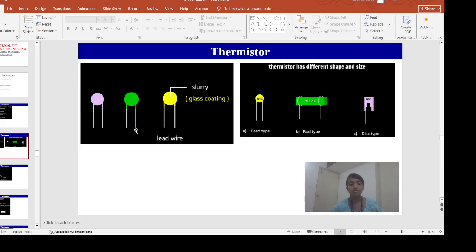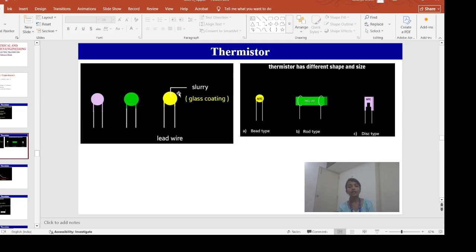How is this thermistor prepared, like how it is fabricated. We take semiconductor material in powder form. Then with some binder, we make a paste of this semiconductor material, which is called the slurry. Then on the lead wire, we pour a drop of this slurry.